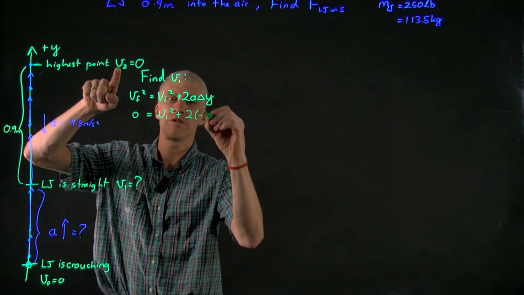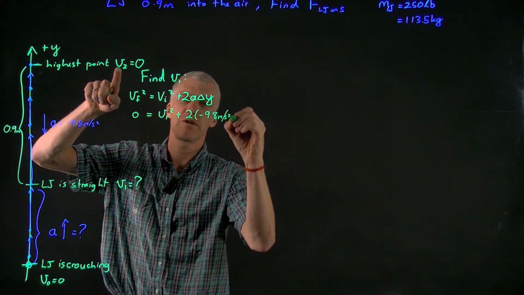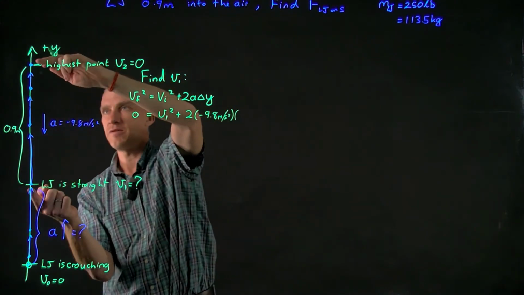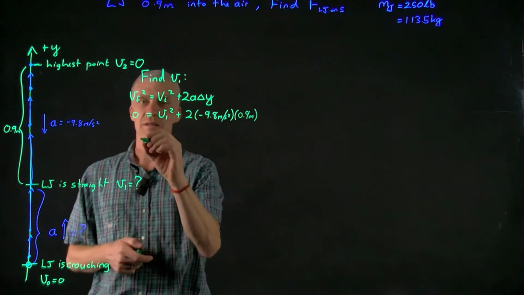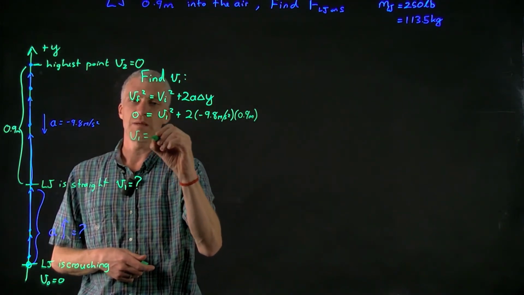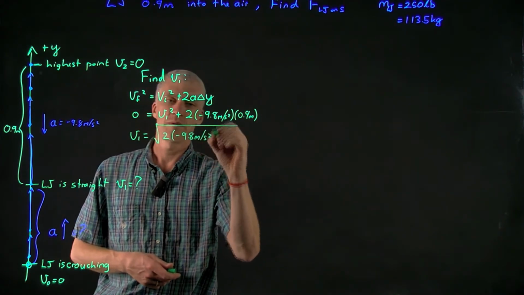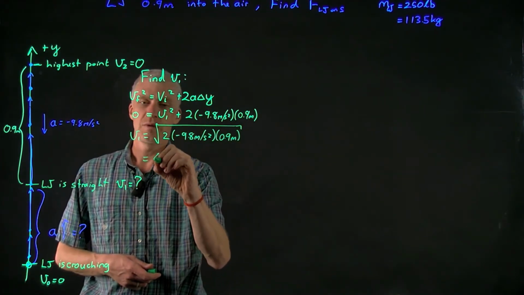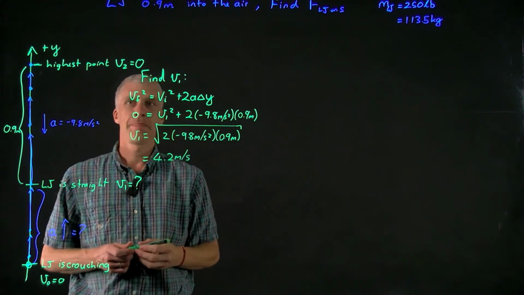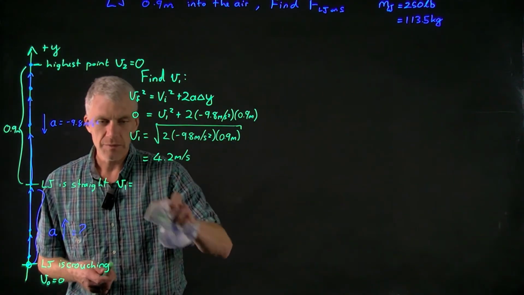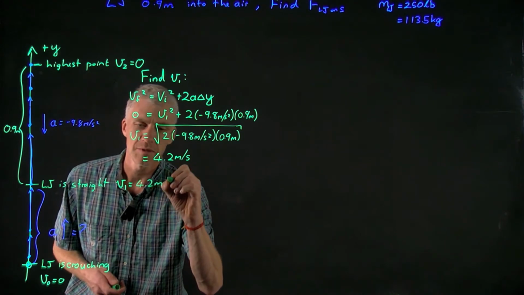The acceleration during this phase is negative 9.8 meters per second squared, and the displacement for this phase is 0.9 meters. And so V1 is equal to the square root of 2 times 9.8 times 0.9, which is equal to about 4.2 meters per second. So now we know that V1 is equal to 4.2 meters per second.